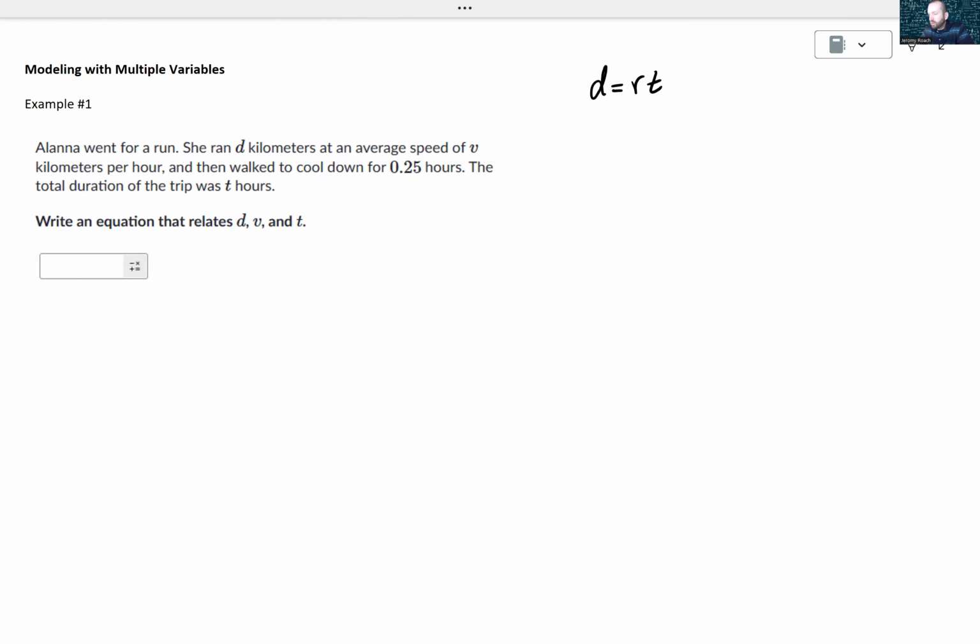And in this case, instead of R, we're going to write D equals VT. So distance is rate times time. The rate is the velocity, V. So V is the running speed, T is the time, and D is the distance. All right, so first we're going to find the total running time.